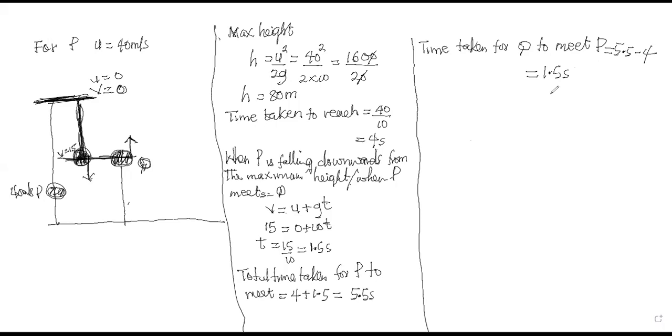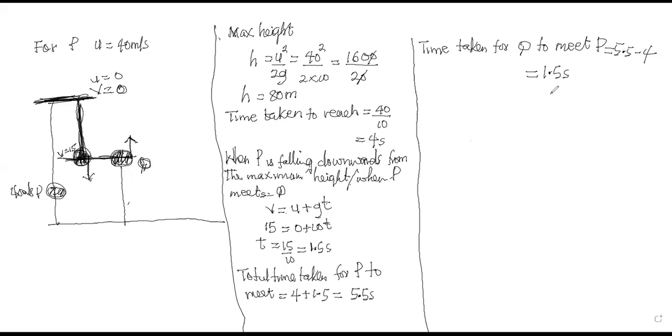Class, are we okay? By the time they meet, P has traveled 5.5 seconds, but Q has traveled 1.5 seconds. This is the first part.